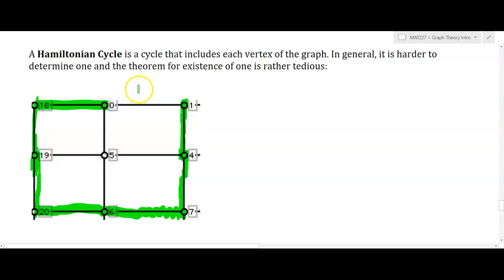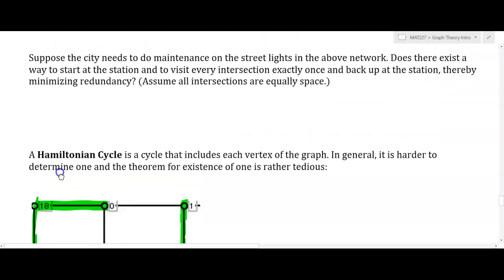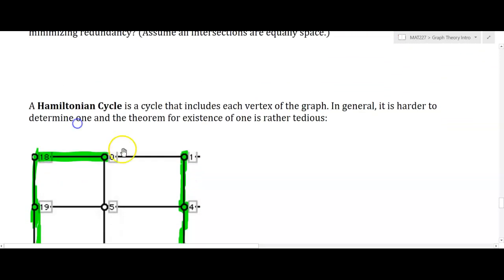But I need to start and stop at the same vertex in order to minimize redundancy. I don't want to have to go along one of the same intersections. Like if I went this way, well, clearly at this point now I'm going to have to visit a vertex I've already been at to get back to my starting point. So there is some redundancy.